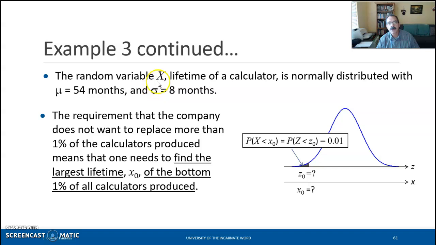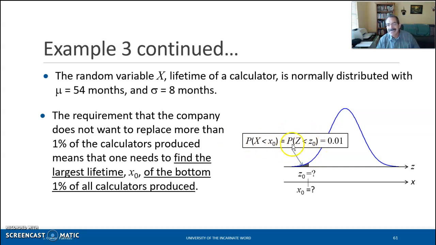Now let's take this information and interpret it. The random variable x is the lifetime of a calculator, and it is normally distributed with a mean of 54 months and a standard deviation of 8 months. The requirement that the company does not want to replace more than 1% of the calculators corresponds to finding the largest lifetime of the bottom 1% of the calculators produced.